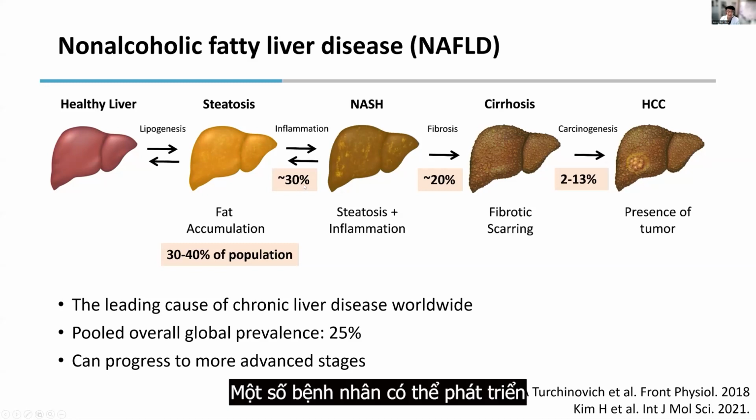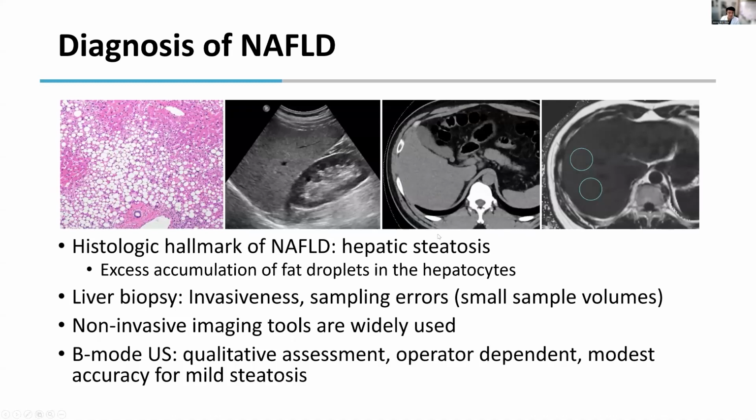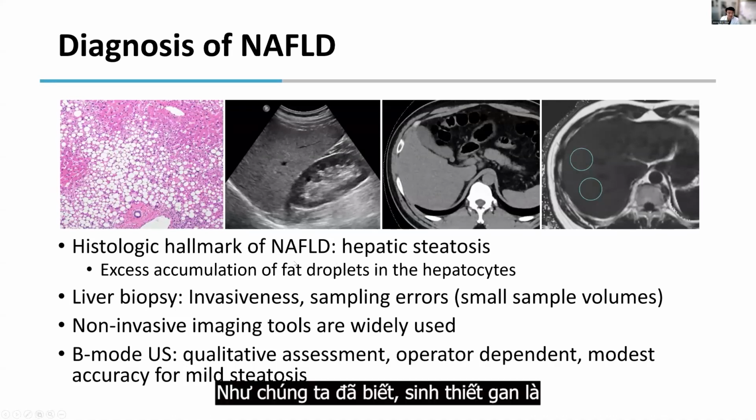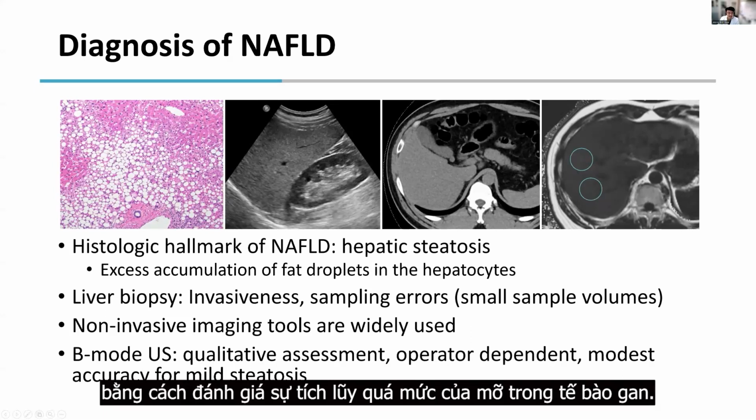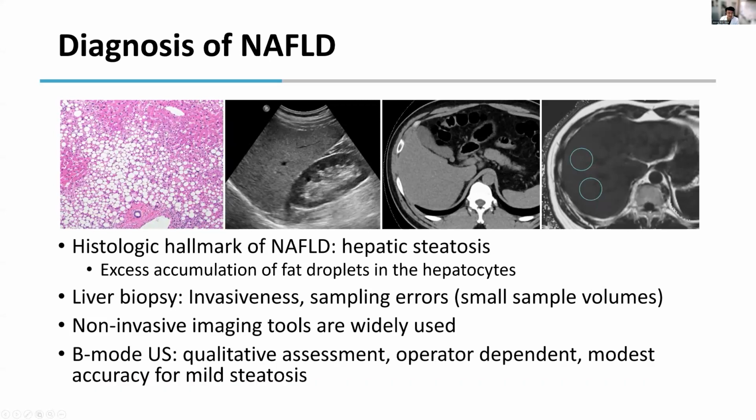A fraction of patients can progress to more aggressive subset such as non-alcoholic steatohepatitis, NASH, advanced fibrosis, cirrhosis, and even hepatocellular carcinoma. As we all know, liver biopsy is the current reference standard for diagnosing NAFLD by assessing the excessive accumulation of fat droplets in the hepatocyte.